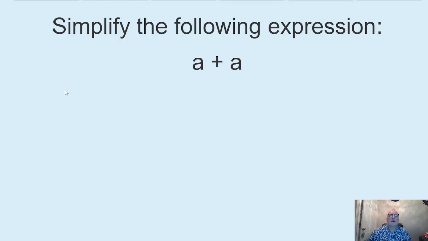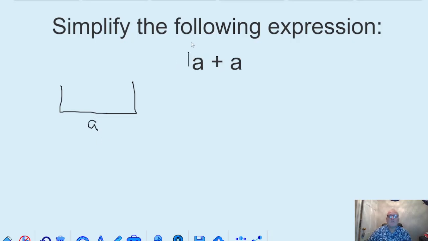Okay, so if we're looking at this question, a plus a, obviously we can see the answer is 2a, but how did we get to that point? So here's my pot of a's. Remember, if there's no number in front of it, it always equals one lot of it. So if I put that in front of it and then think, what have I got?